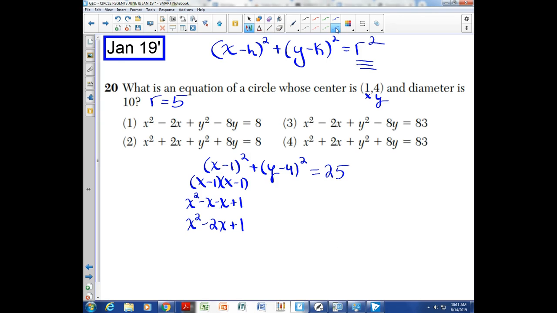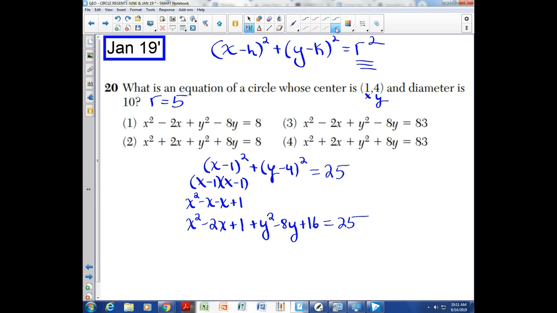Once you start doing those a lot, you could skip some of these steps. So I'm going to skip the steps in this case and see if you know what I'm doing here. A y minus 4 squared is going to be a y squared minus 8y plus 16, and it's still equal to 25.